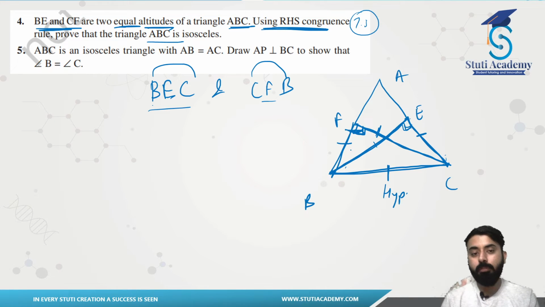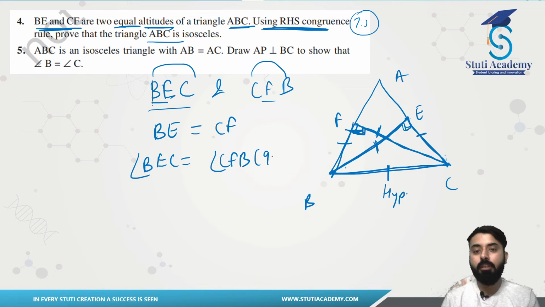Although we do know BE and CF are equal, so we will be taking these two. I can see BE is equal to CF. I can see angle BEC is equal to angle CFB, 90 each. And I can see BC is equal to BC, which is common.